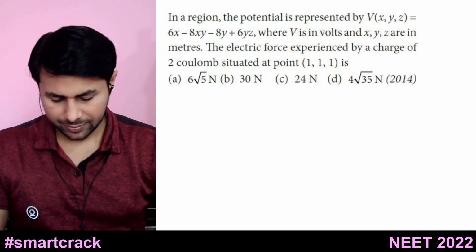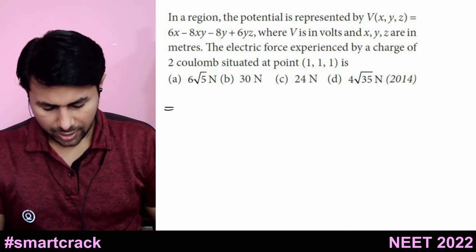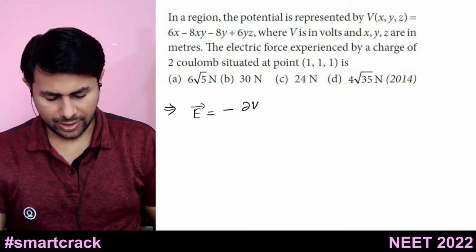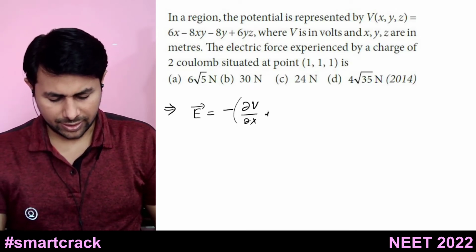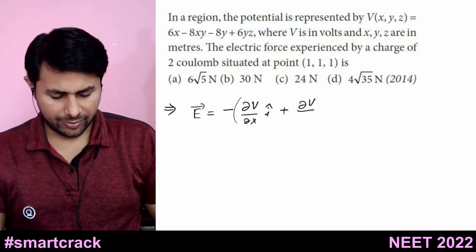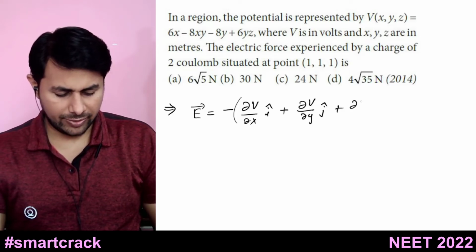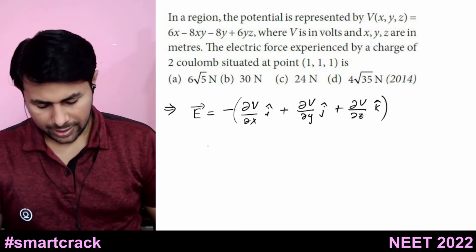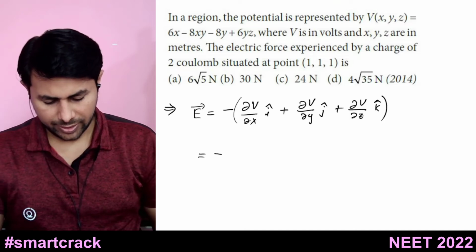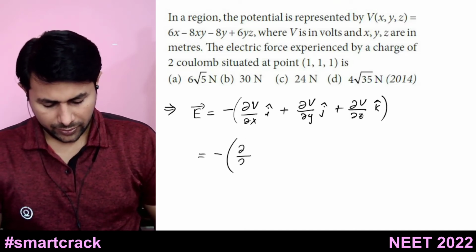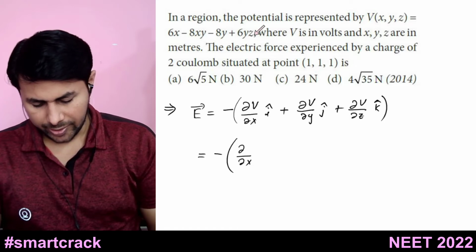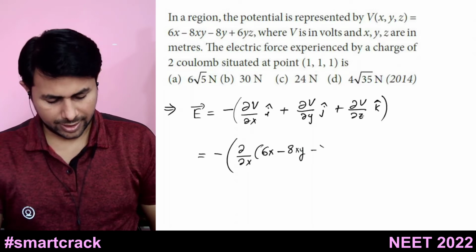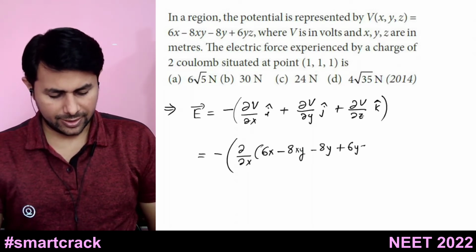So let's do that. E is given by minus of del V by del x into i cap plus del V by del y into j cap plus del V by del z into k cap. Let's substitute V. It is given by this formula: 6x minus 8xy minus 8y plus 6yz.